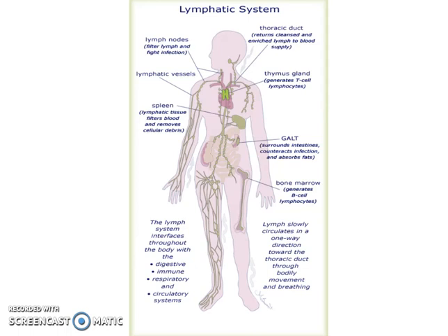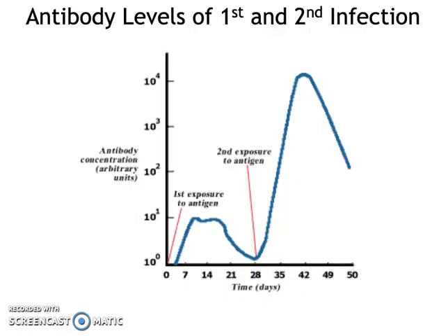Next, let's talk about how your body responds to infections over time. This is a graph showing you how antibodies are produced over time in response to one specific microbe.